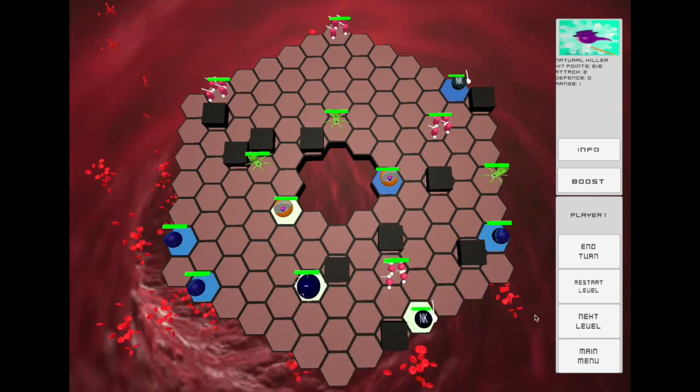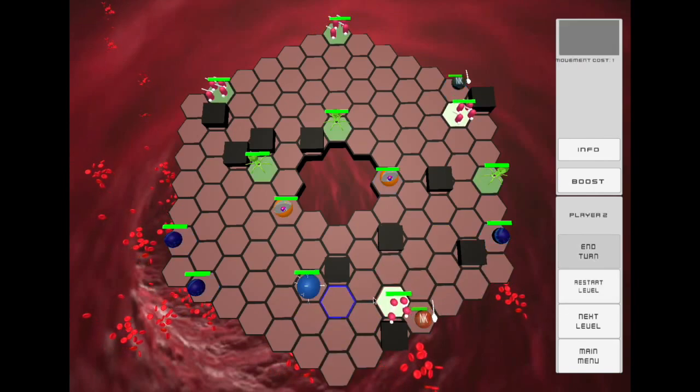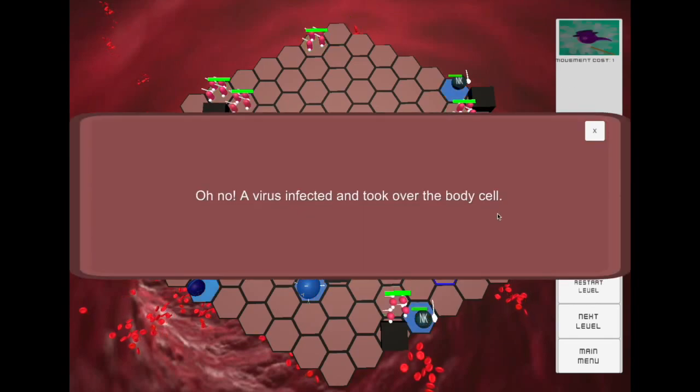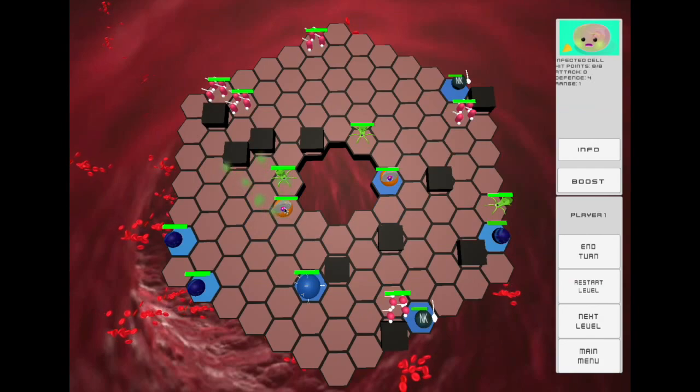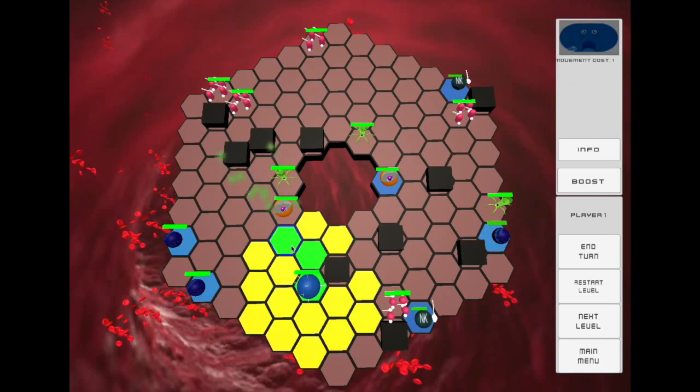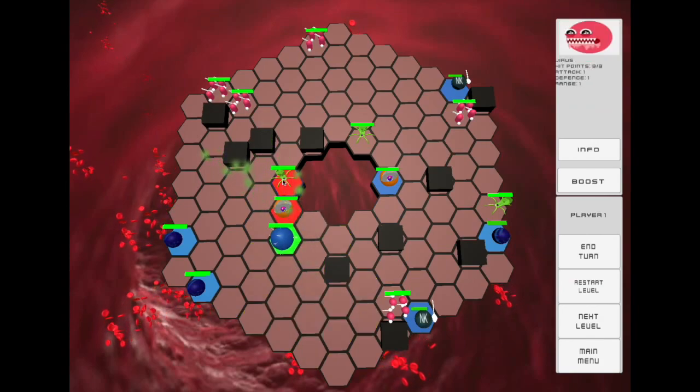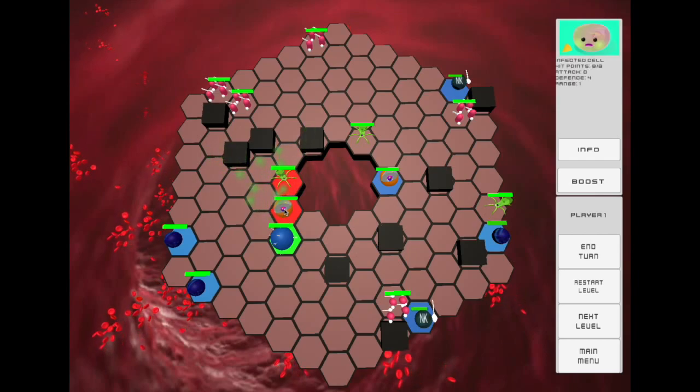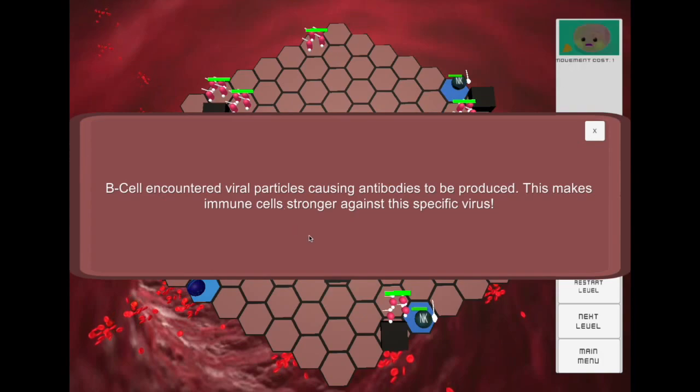And this level is all about knowing one combo action. So, oh no, a virus infected and took over the body cell. And you can see this body cell is now taken over. Well, a B cell can come and either attack a virus or attack the body cell. And when it does that, it creates antibodies.